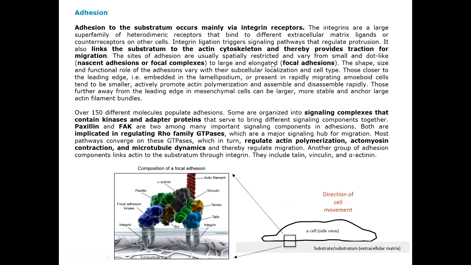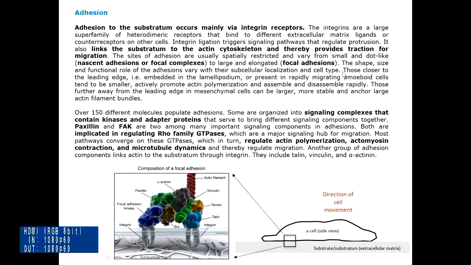Sites of adhesion are usually restricted, and they vary from small ones, nascent or new adhesions or focal complexes, to large and elongated focal adhesions. So this is a terminology difference, a focal complex versus a focal adhesion. I'm not going to test you on that kind of difference. I don't really care if you want to call it a complex or an adhesion. But if you see these things, that's why they're named that way. They are different, so it's a good idea to learn something like that. Focal complexes and focal adhesions, their purpose is the same. They're just different in size. All right.